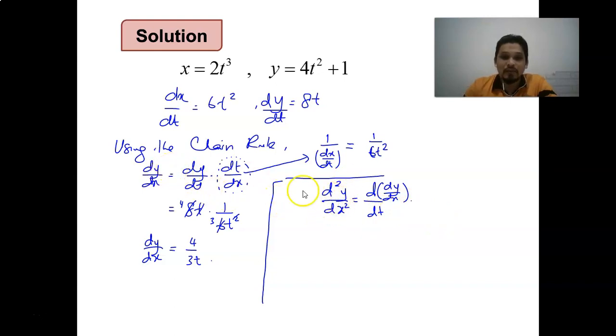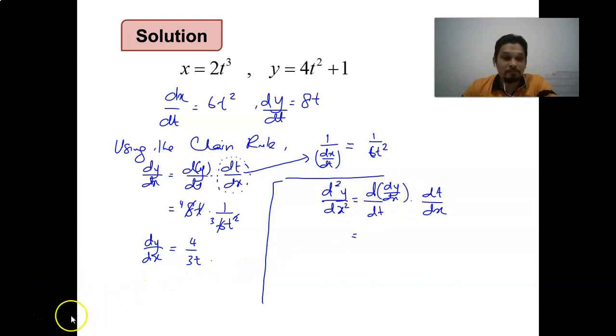For this second derivative, we reuse the formula, but the difference now is that we differentiate dy/dx instead of y. Just now it was y here, and this y now becomes dy/dx with respect to t, multiplied by dt/dx. So we derive dy/dx.